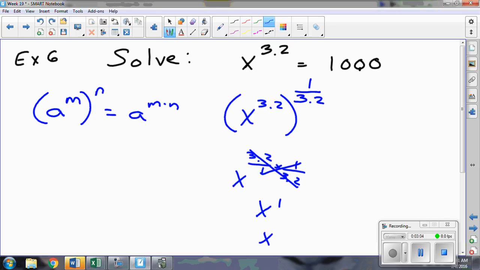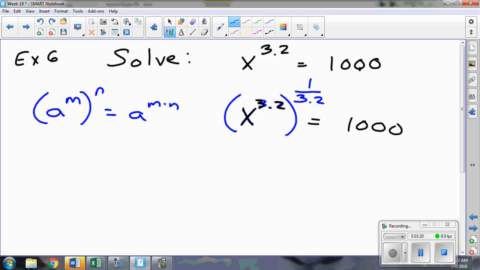Now, all the stuff that I'm writing down is, of course, way more work than you're actually going to write on your paper. You're not going to write down every single tiny little step like this. When you are solving the problem, x to the 3.2 equals 1,000, you should write down and show that you're taking it to the reciprocal power on both sides.